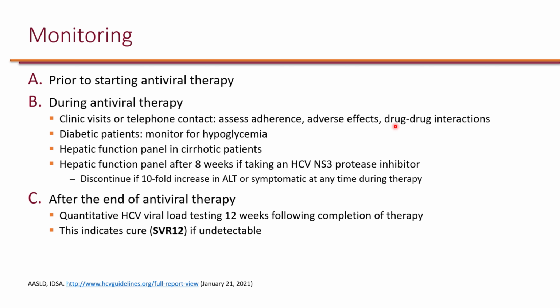Because treatment of Hep C is over 3 months for many patients, or 8 to 12 weeks for most patients, they may start a new treatment. So let's say they get an infection, or at any time someone could take supplements or over-the-counter medication. So it's important to routinely talk to the patients and assess new drug-drug interactions.